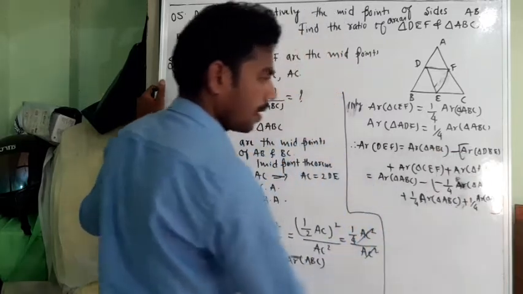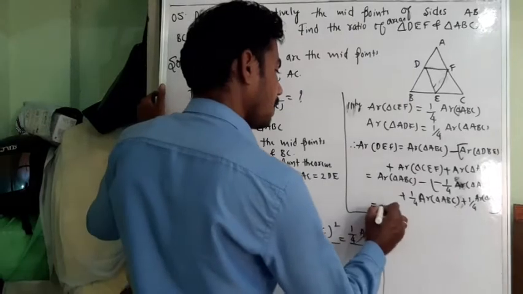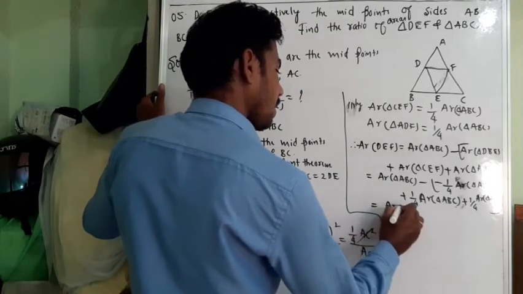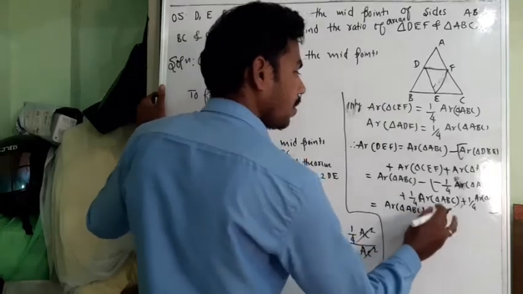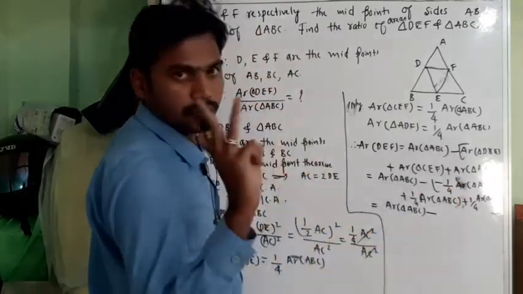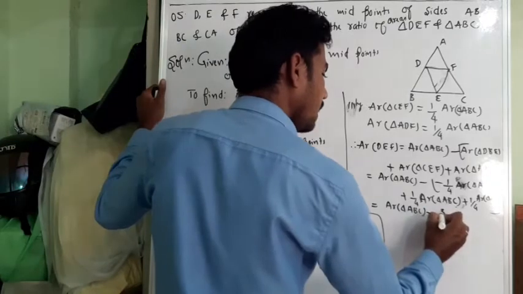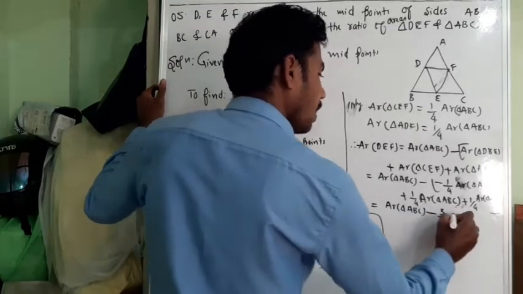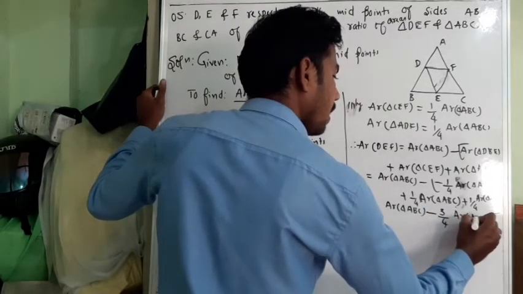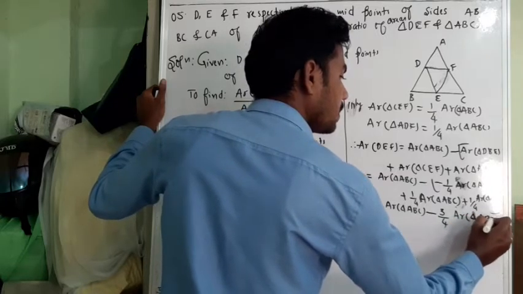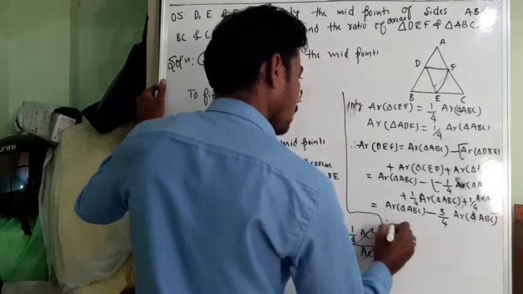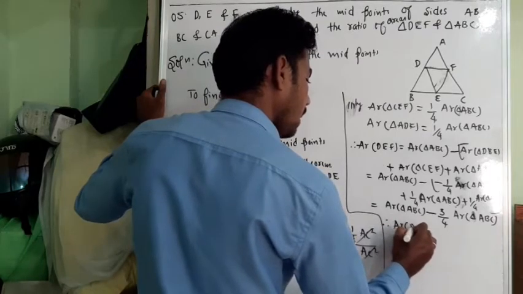Now, area of triangle ABC minus 1/4, 1/4, 1/4. 3 quarters are there. We can write it as 3/4 area of triangle ABC.